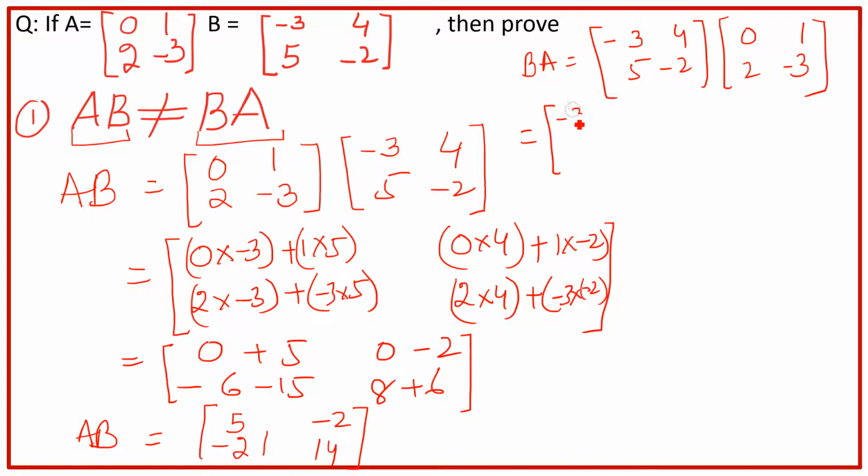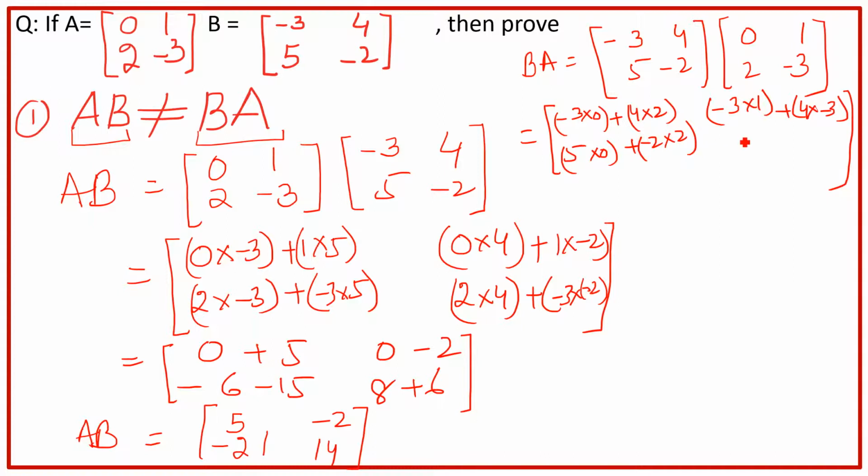Same thing. -3 multiplied by 0 plus 4 multiplied by 2. -3 multiplied by 1, here plus 4 multiplied by -3. 5 multiplied by 0 plus -2 multiplied by 2. Here -2 multiplied by 1 plus -2 multiplied by -3.